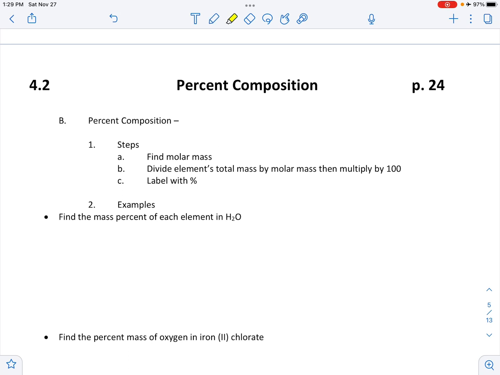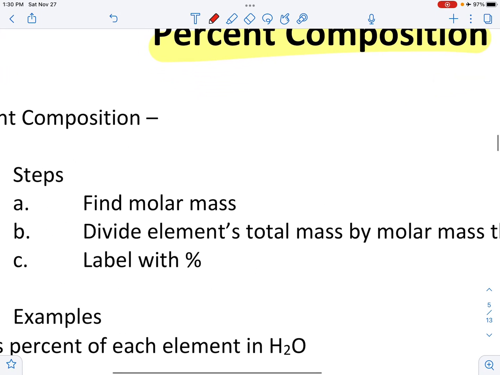Okay, 4.2 is percent composition, page 24. We're moving right along here. Percent composition is pretty simple to do. It's just like calculating a percentage. So it shouldn't be too tough, but we're going to say the amount an element makes up of a compound.